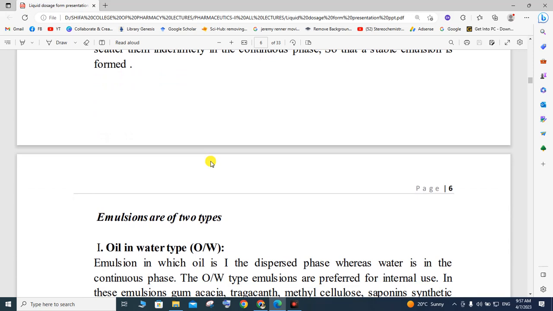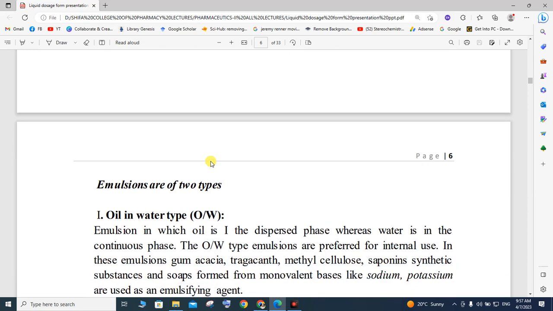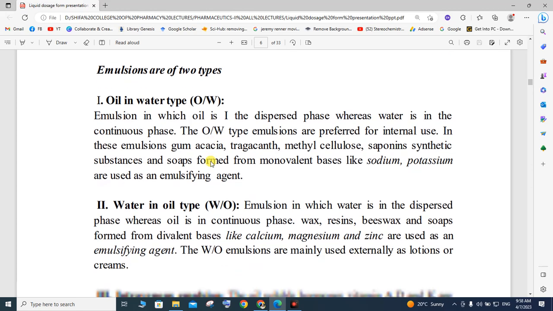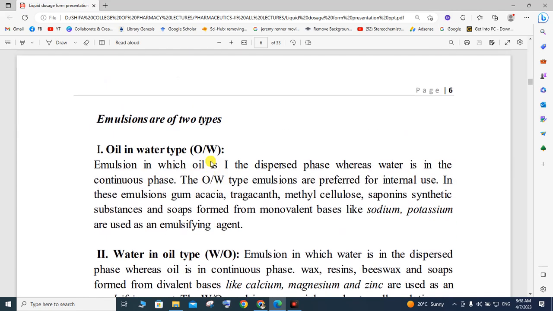Now come to the types of emulsion. There are four major types of emulsion, but here we will discuss two different types. The first one is the oil and water type of emulsion.